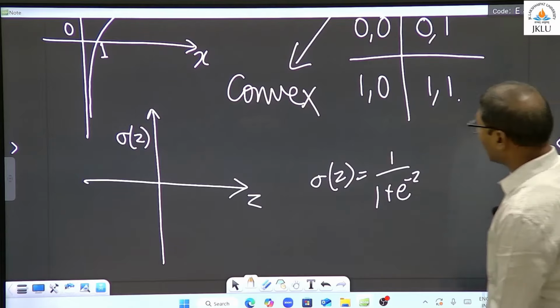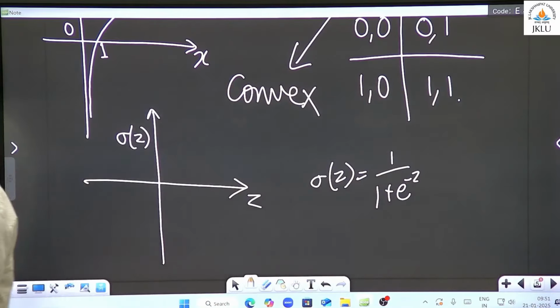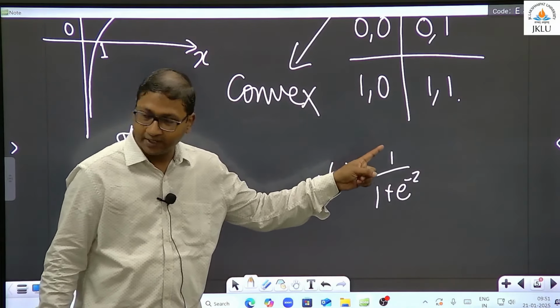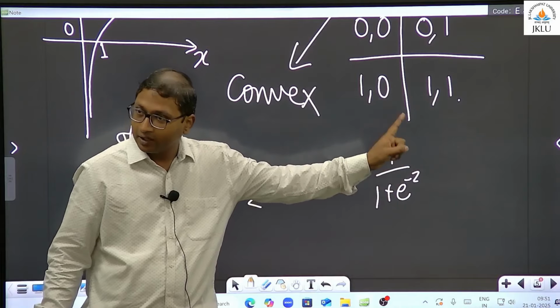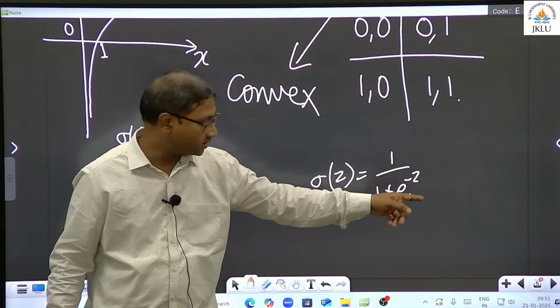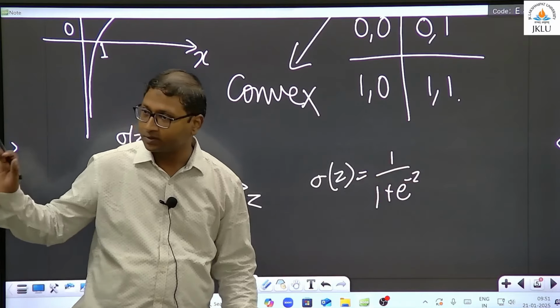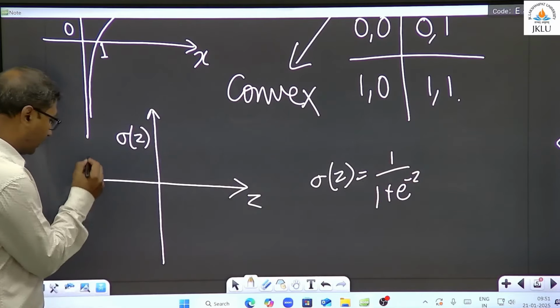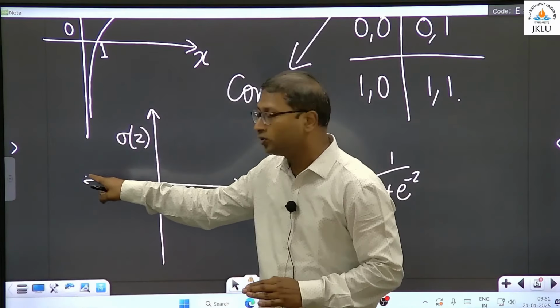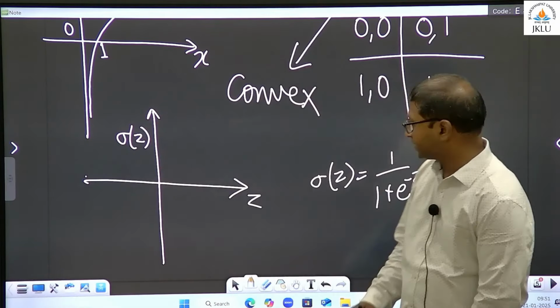What is the value at z equal to minus infinity? It is e to the infinity, because minus minus will become plus. So 1 upon infinity becomes 0. So I am somewhere here, almost touching the x axis.